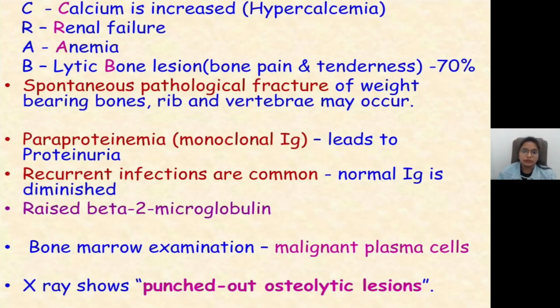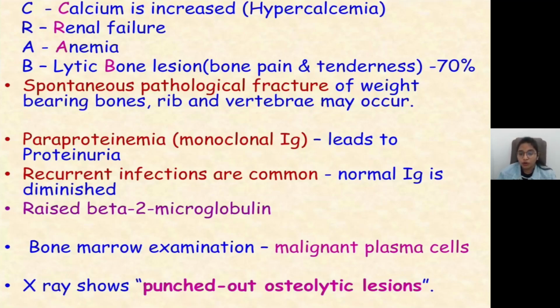So this will be CRAB. C means calcium is increased, R means renal failure, A means anemia, and B means lytic bone lesions. So these are the different features, including hypercalcemia, they will cause. These are the symptoms of this. Spontaneous pathological fractures of weight-bearing bones and ribs may occur, and proteinemia may lead to proteinuria, right?